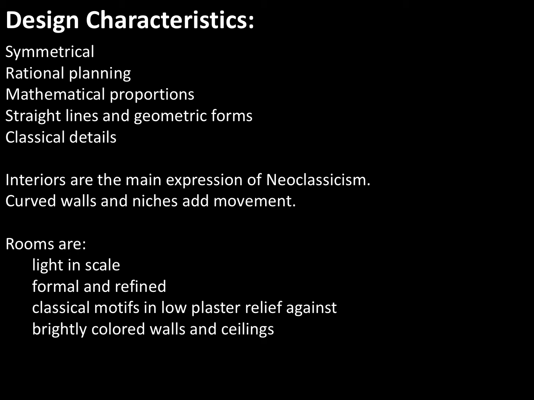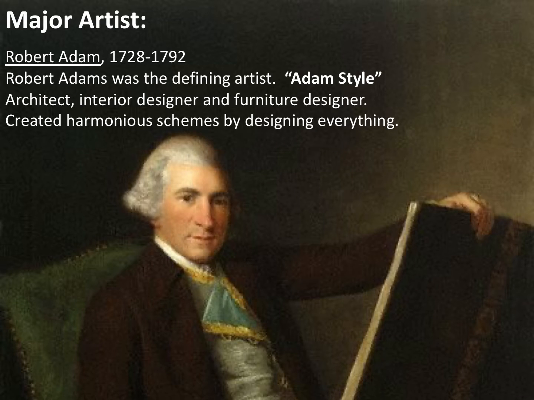And then we also see these beautiful brightly colored walls and ceilings. So there is a lightness to this neoclassical look. And the major English artist of the time was Robert Adam. Hence, you hear the term Adam style as a stand-in for the word neoclassical.